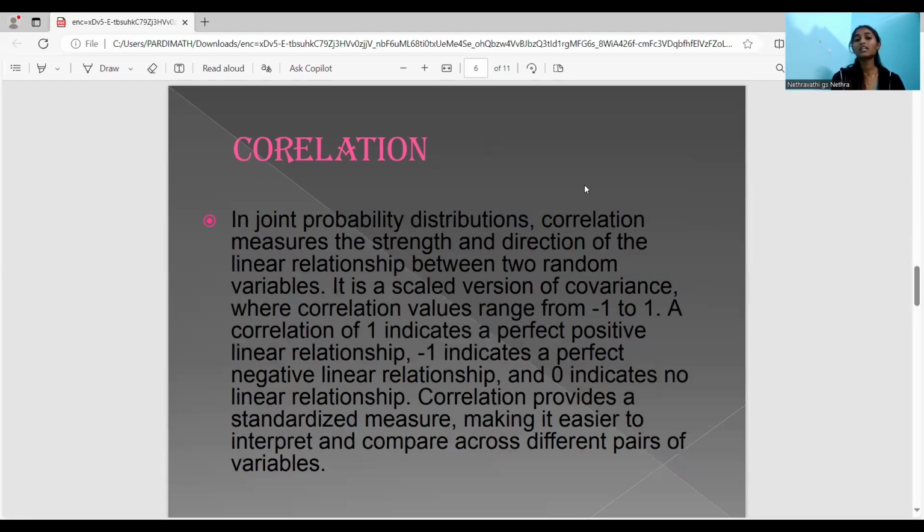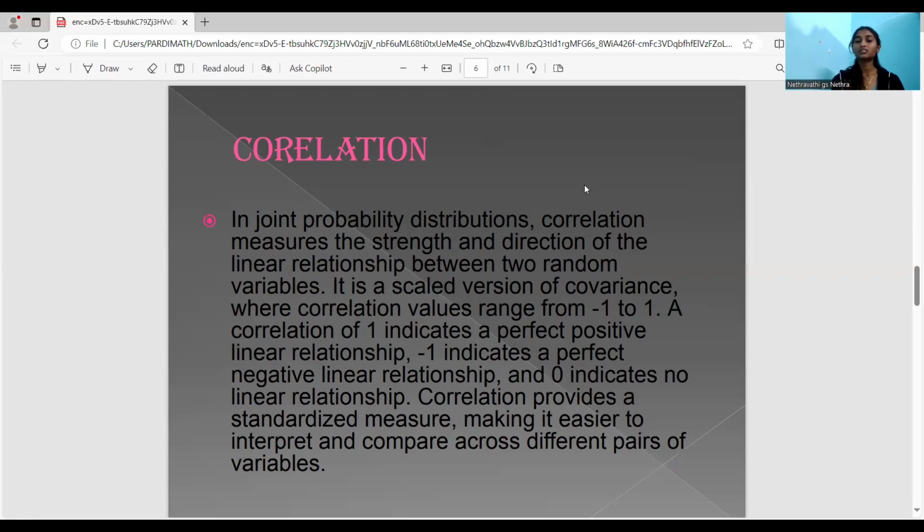Next, correlation. In a joint probability distribution, correlation measures the strength and direction of a linear relationship between the two random variables, x and y. It is a scaled version of covariance, where the correlation value ranges from -1 to 1.